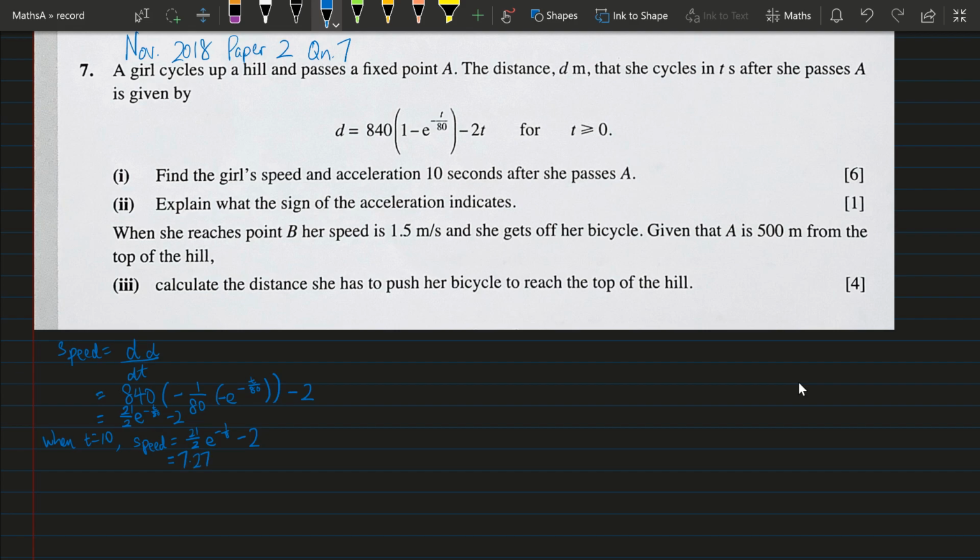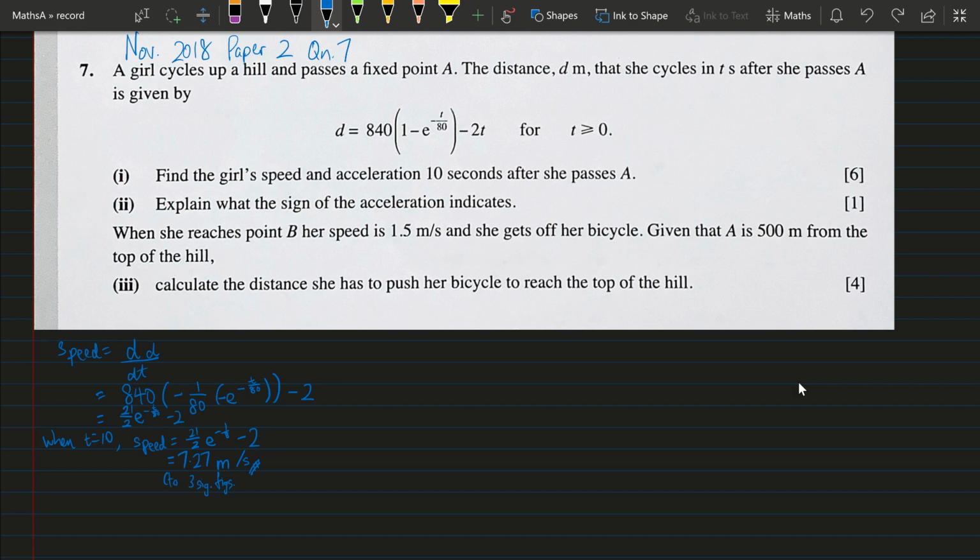This one is in meters. If you read the question carefully, the distance is measured in meters, so the speed will be meters per second. Please don't forget 3 significant figures.